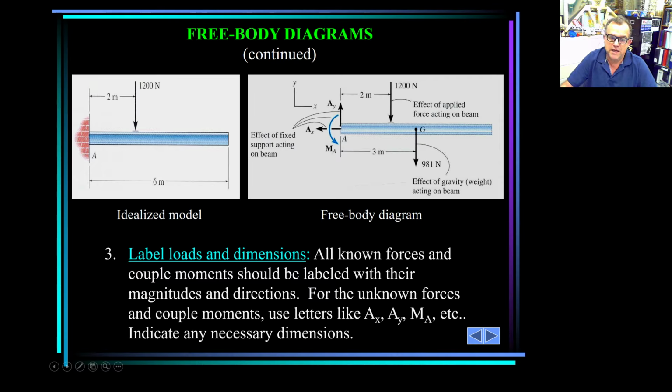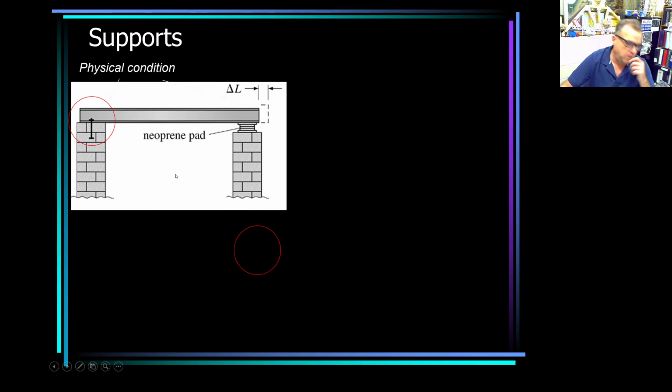And then I can do moment at A. If you have a moment there, that moment is not cancelled out, but the two forces are cancelled out if I take moment there, because remember there's no distance. So it will be MA minus 1200 times 2 minus 981 times 3 equals 0, and solve for MA. And this is going to be the same procedure that we will be using again and again and again.